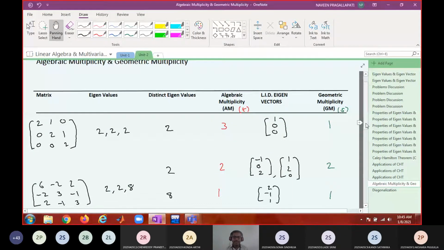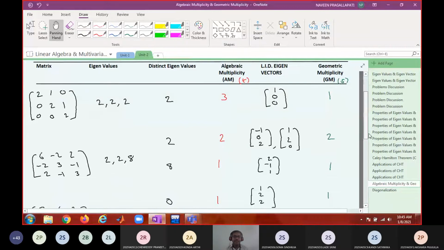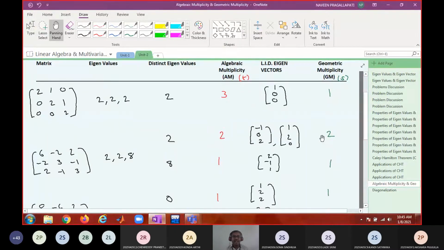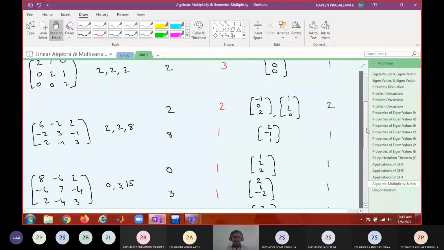Did you see? So geometric multiplicity cannot exceed algebraic multiplicity. That is one important observation.